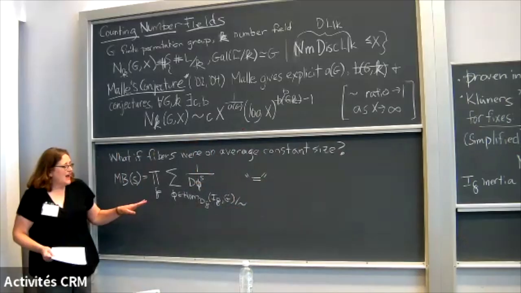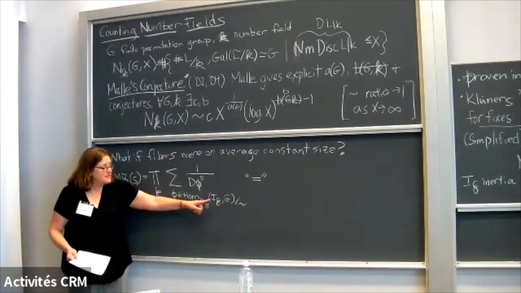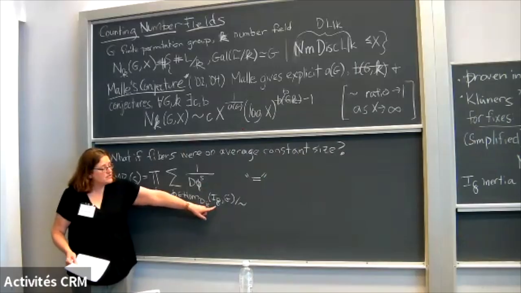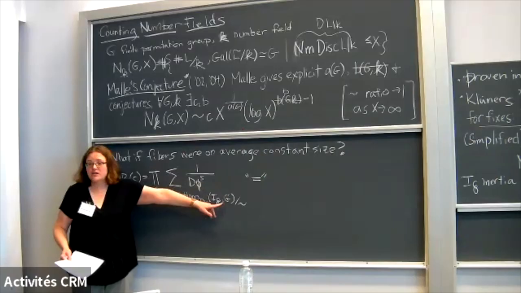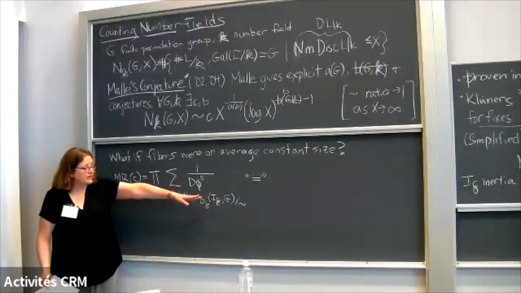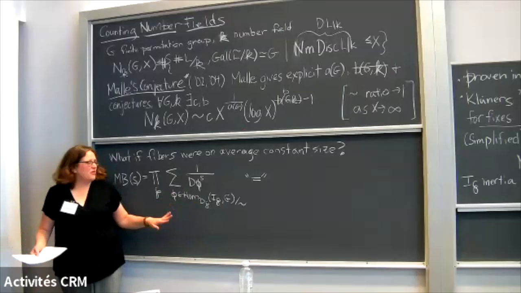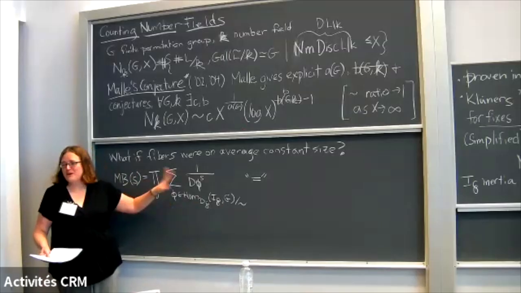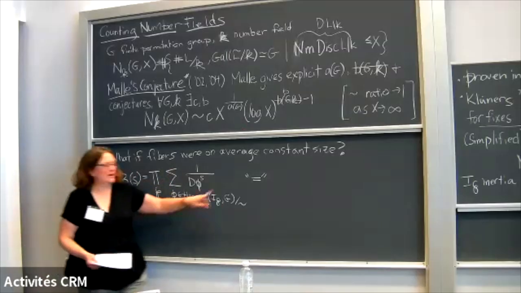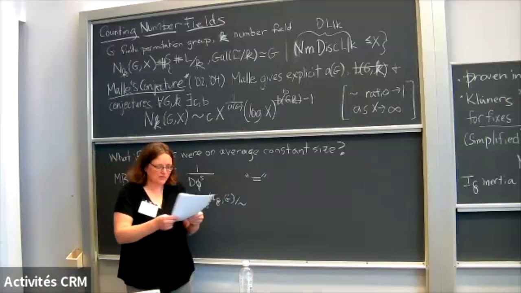As I mentioned, this is particularly easy to understand at primes that are relatively prime to the order of G, that don't divide G, and that's most of the primes. So, okay, this is an Euler product. There's a few bad factors that I don't want to talk about. That's what's encapsulated in these quotes around this equals.